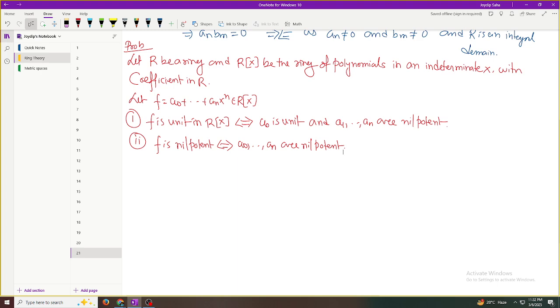So in the first problem, I have to show that a0 is a unit, number 1, and a1 to an are nilpotent. That means you have to show that a1 to an belong to the intersection of all prime ideals of R, right?